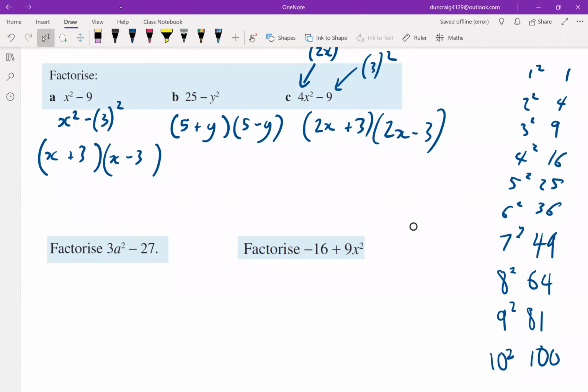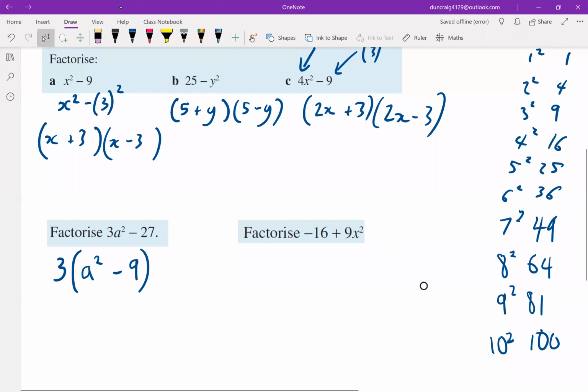We've got 3a squared take 27, and 3 and 27 aren't square numbers. So this is where we go back to the previous lesson where we're looking for common factors. I know that 3 is a common factor for both of those. So I can put 3 outside of a squared take 9, because 3 times a squared is 3a squared, and 3 times 9 is 27.